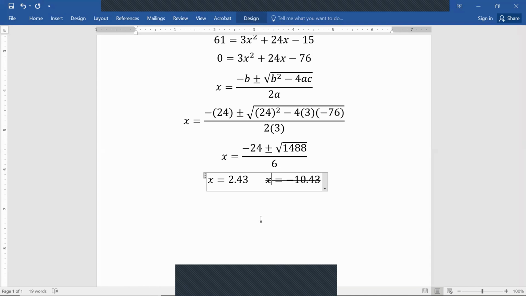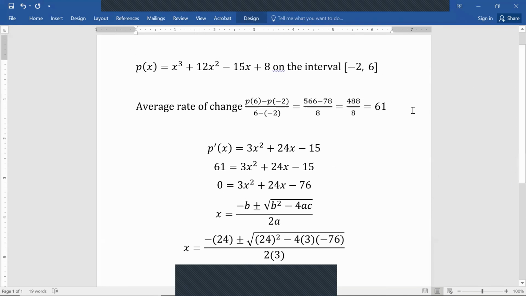There are examples out there in which you can find multiple x values in your interval whose instantaneous rate of change is equal to the average rate of change as well. For instance, if we had a straight line, every point on that line has the same instantaneous rate of change, and the line always has an average rate of change, and it's all equal to the slope of the line.